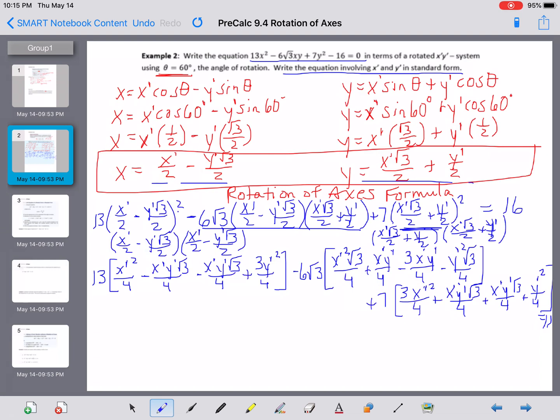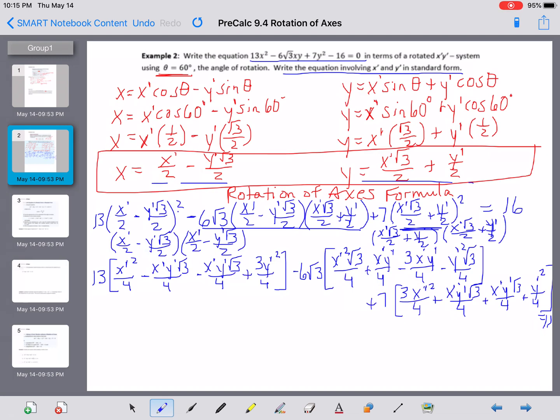Okay, here's a huge thing right now that we can do to clean some things up. Absolutely everything in my brackets is over 4. So I have the option right now of multiplying my entire equation by my denominator. I do that all the time in algebra, right? Now, here's the deal.